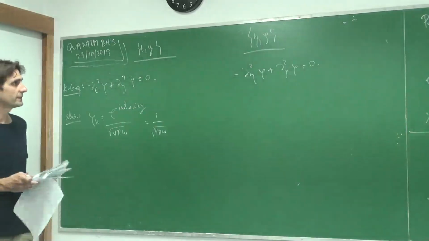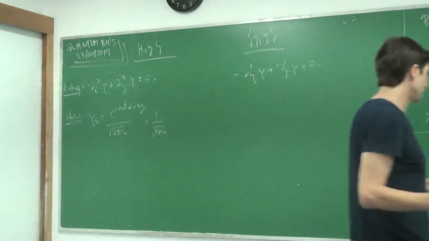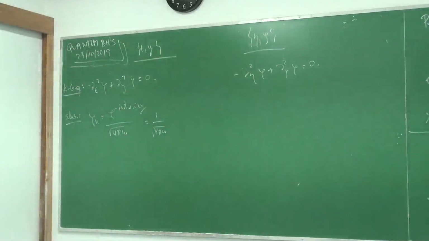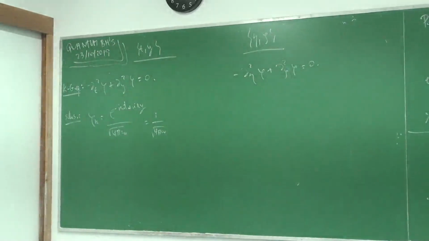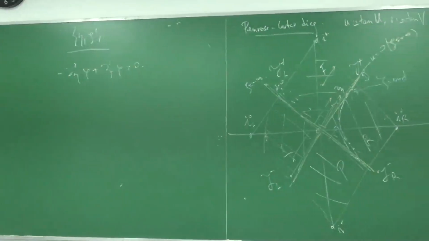Okay, so let me write again u and v. So I just wrote down u and v in terms of eta and zeta.